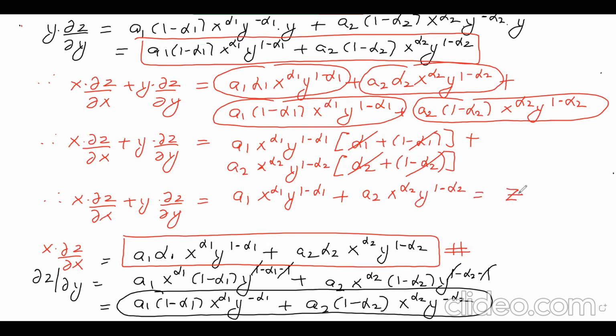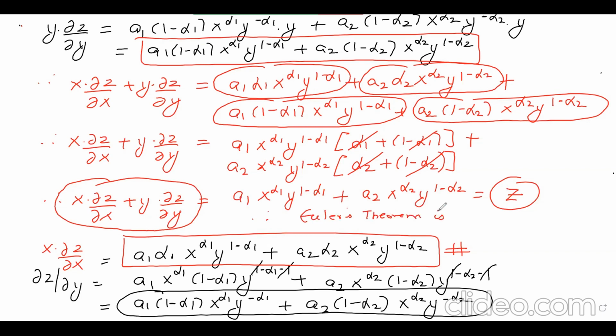If you look at the original function, isn't this z? So I have shown that x times del z by del x plus y times del z by del y is equal to my function z. Therefore, Euler's theorem is verified.